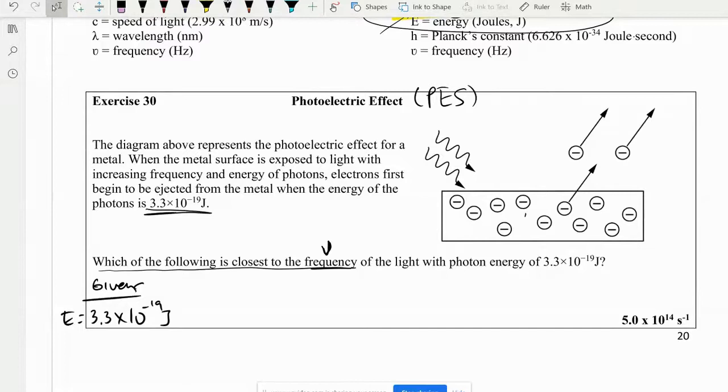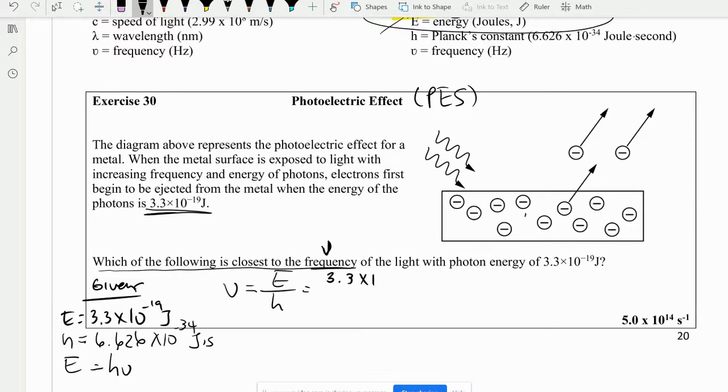So really quick, let me go ahead and write also on my givens down here. I know Planck's constant. I'm pulling that right off of my reference sheet. I don't need to memorize it, joules times second. And I'm going to use E equals h nu. Okay, I'm going to rearrange the equation. Frequency equals energy divided by Planck's constant. And I like to say at this point, plug in your values and just calculate.